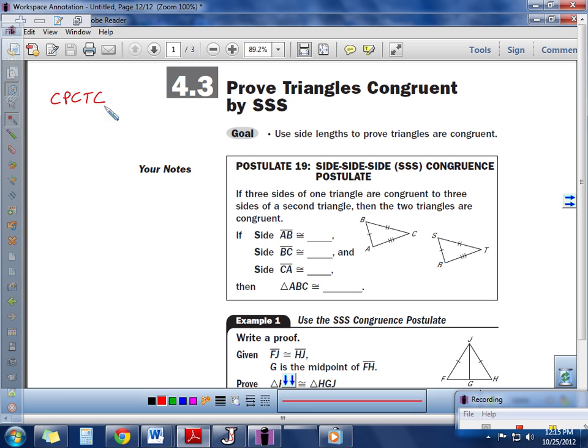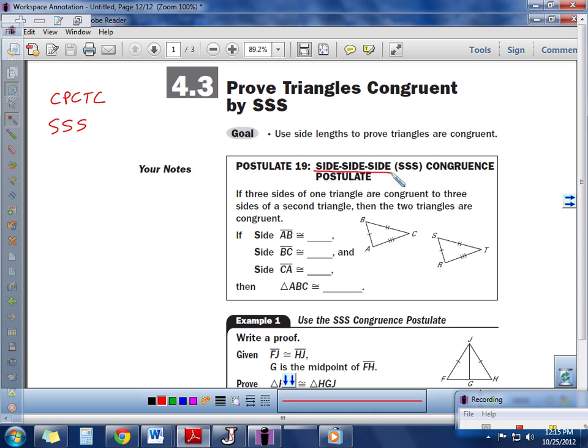That's when you know everything, but what we're going to learn today and tomorrow is that there are shortcuts. Today's shortcut is SSS, and that stands for side, side, side. Side, side, side congruence tells us that we don't need all the parts on each triangle anymore.